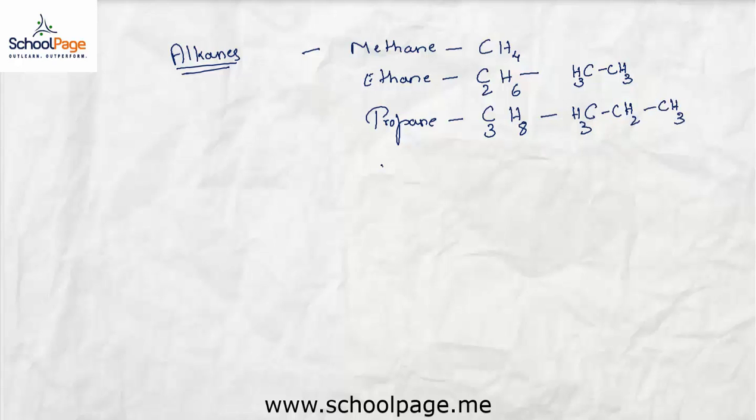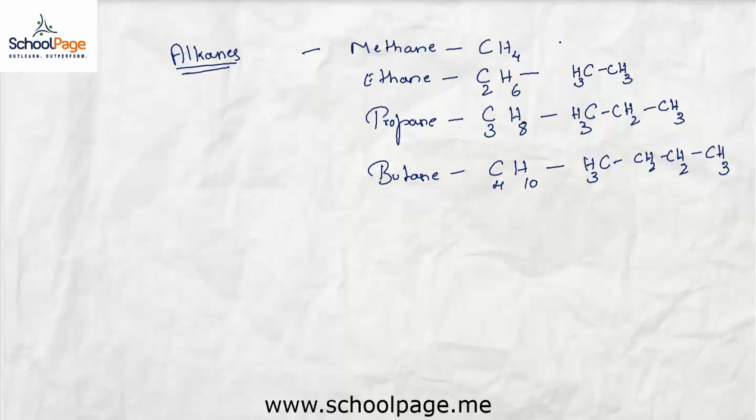The next in the series is butane. So the molecular formula is C4H10. So the structural formula being CH3, CH2, CH2 and CH3.